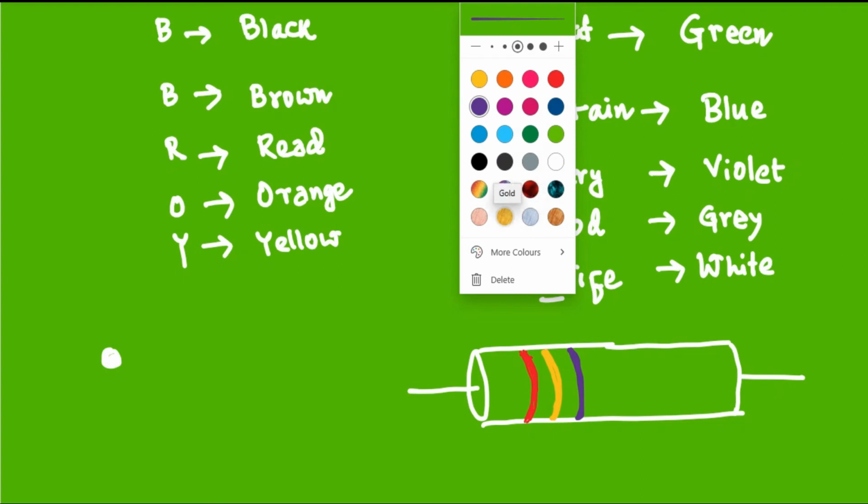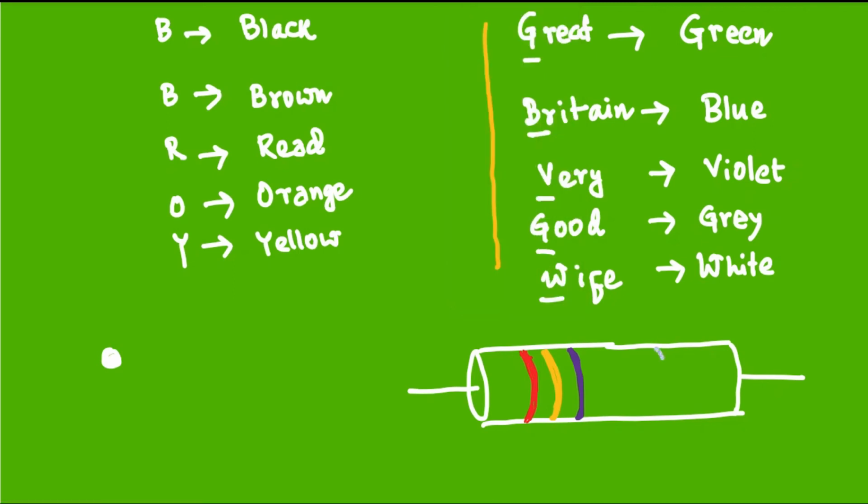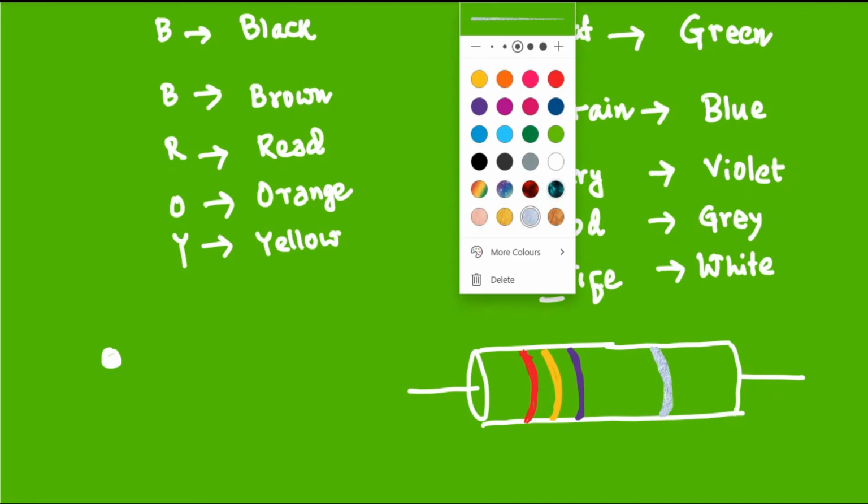The fourth color strip, which is color strip D, is of silver color. This is a carbon resistor having four color strips.